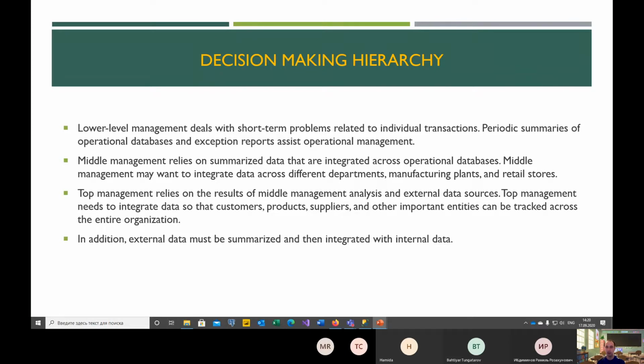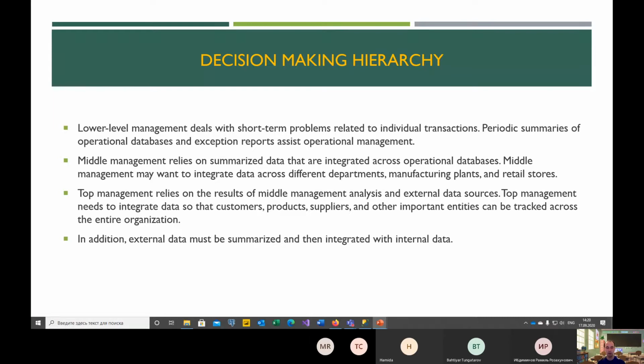It can integrate across different departments, manufacturing plants, and retail stores. Top management is the highest level. It is based on the middle management analysis and also external data sources. It needs to integrate data about different customers, products, supplies, and other entities so they can be tracked across the entire organization.